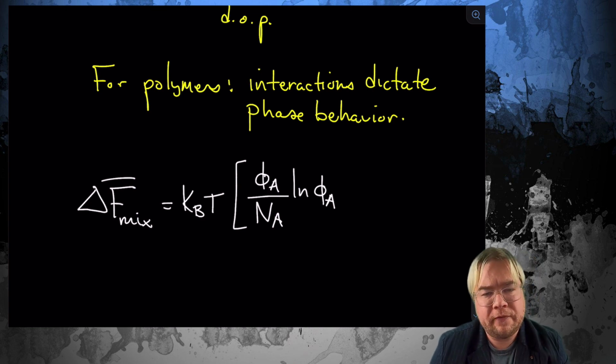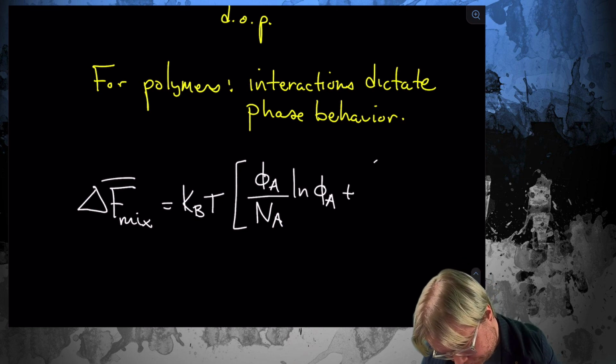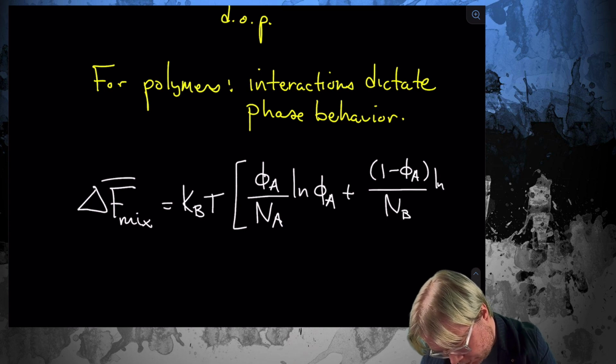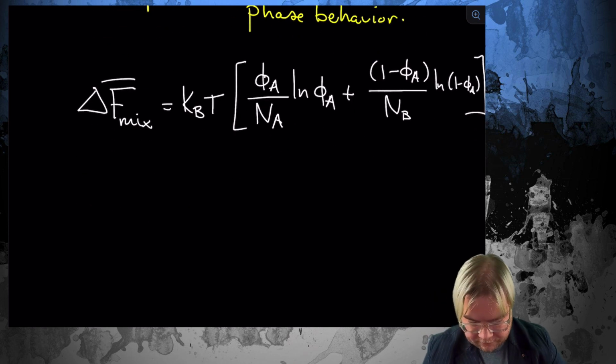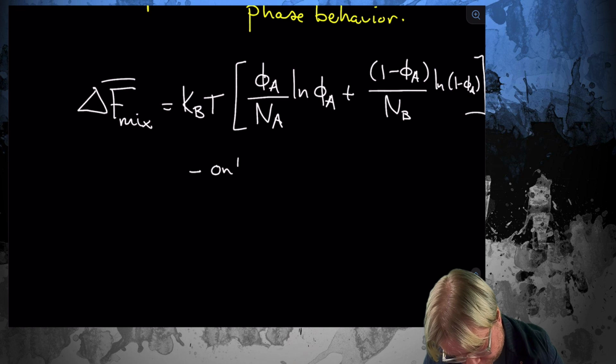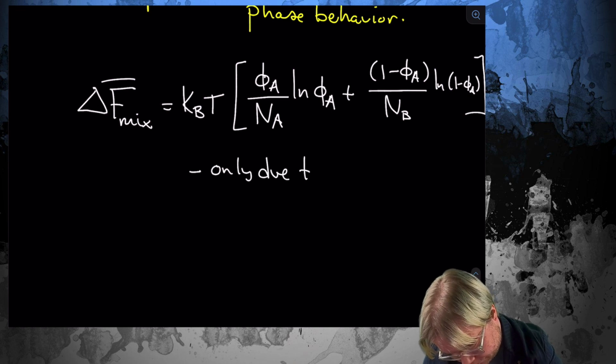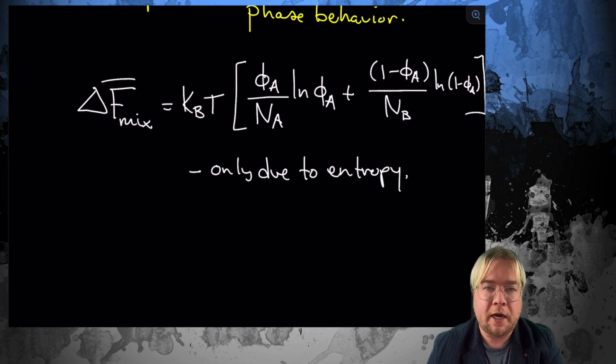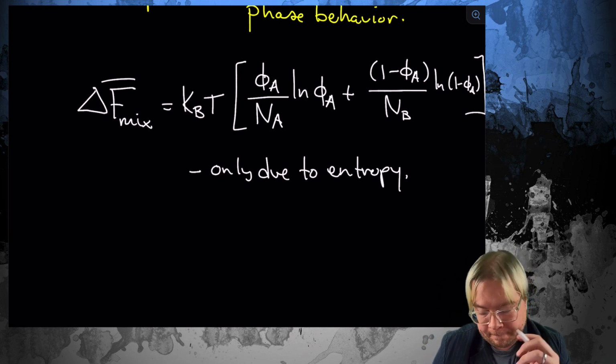Let's reduce the number of variables that we have. So this is plus 1 minus phi A over NB, log of 1 minus phi A. Couple comments. This is only due to entropy. We'll talk about interactions in the next video.